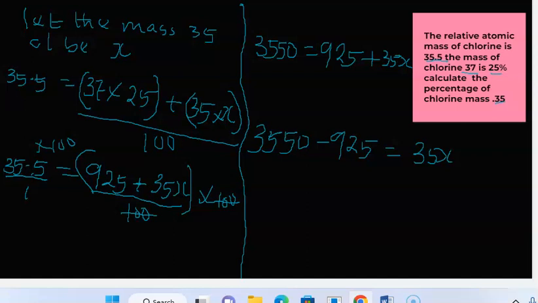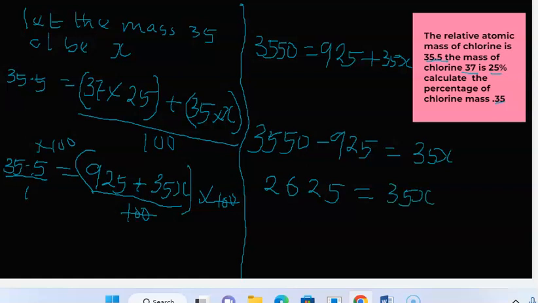When you subtract this one, let me use the calculator, because we can't do this subtraction overhead. That is 3,550 minus 925, you can use a calculator, it's allowed because you're in high school. We get 2,625. So this answer is equal to 35x.